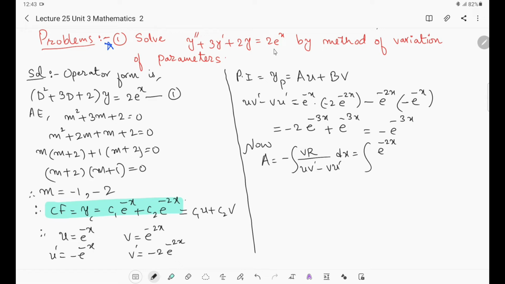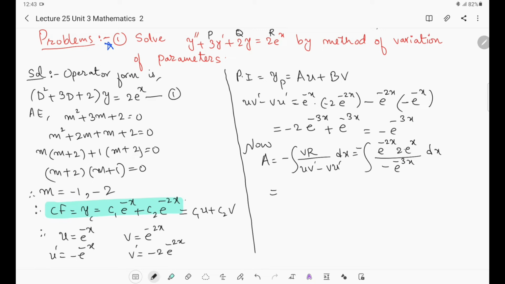What is r? You see that in this equation, this is p, this is q, and this is r. r is 2 into e power x. So 2 into e power x divided by u v dash minus v u dash. Just now we have computed that, which is minus e power minus 3x, into dx.